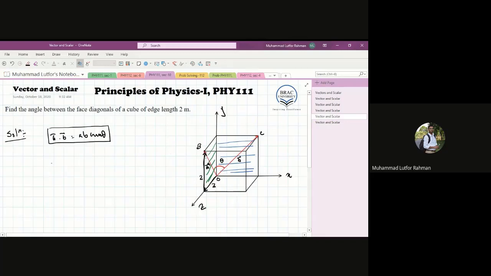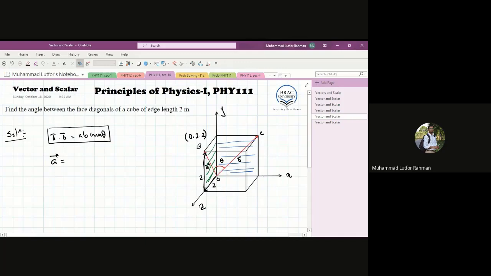Then I can write down the vector A, or you can find out the coordinates of this point the same way. So I should write down the coordinates. The coordinates of this point B are 0, 2, and 2, right?